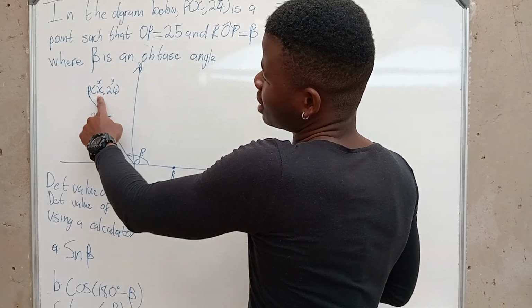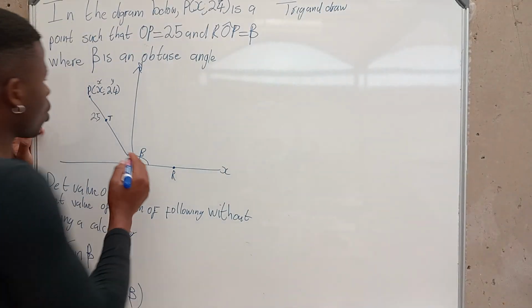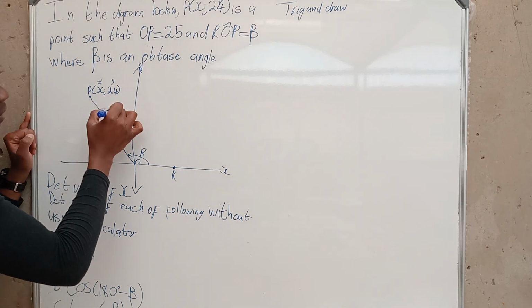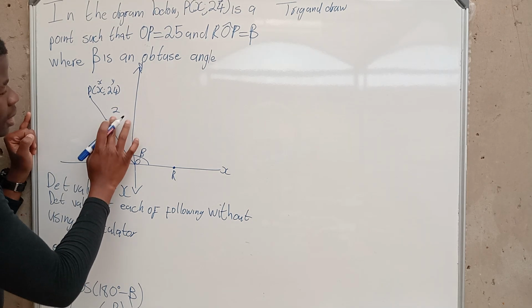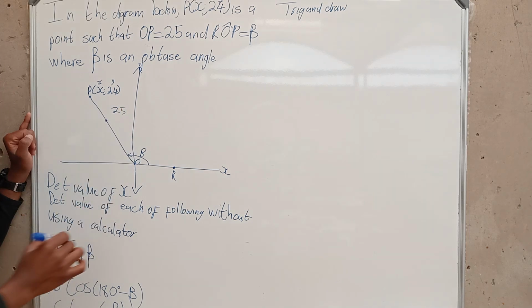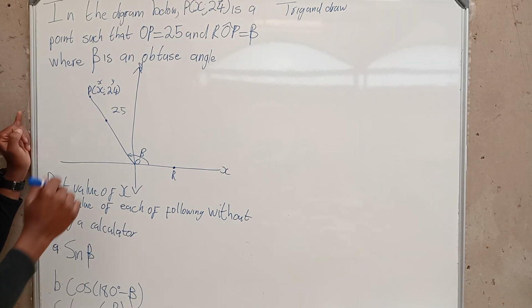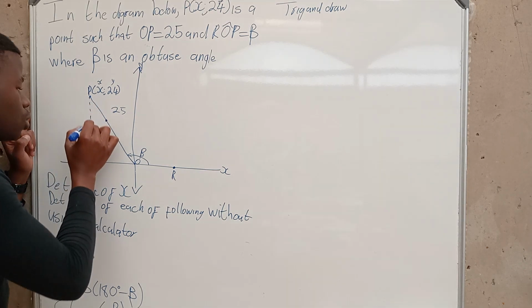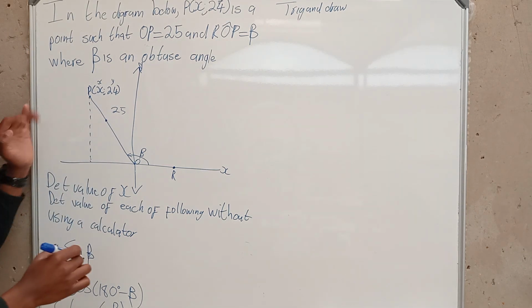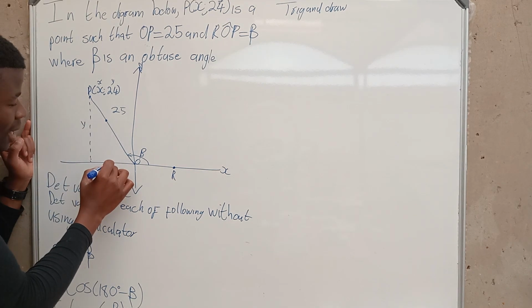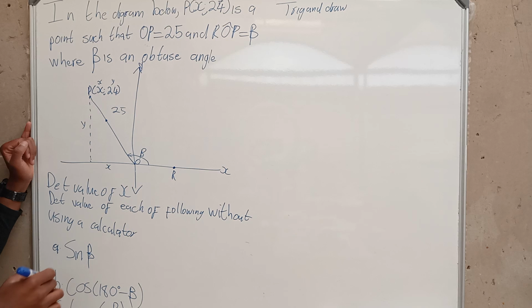Okay, so now look at this. We have our x and we have our y. So what you are going to do is draw my 25 on this side. Then I am going to close this side. This side will represent my y, and this side will represent my x.